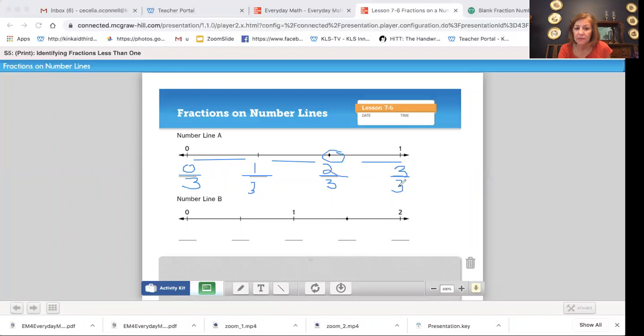Now, one little mistake that people make is they count the tick marks, and they think that is how many places the number line is divided into. So 1, 2, 3, 4. That is not correct, because you're not going to start counting the tick marks at 0, because that's 0.